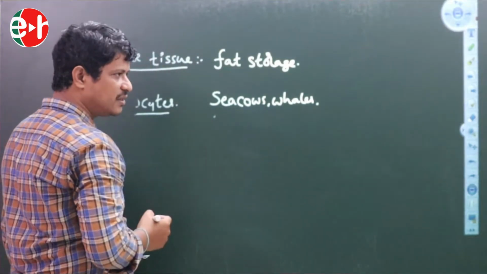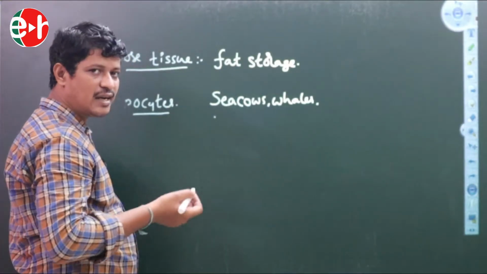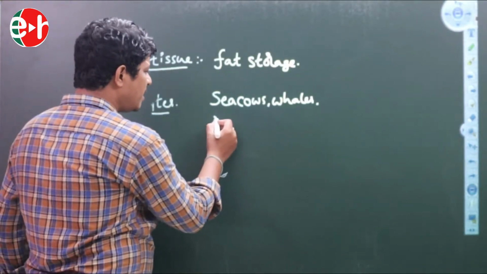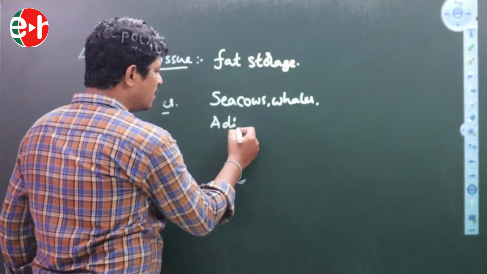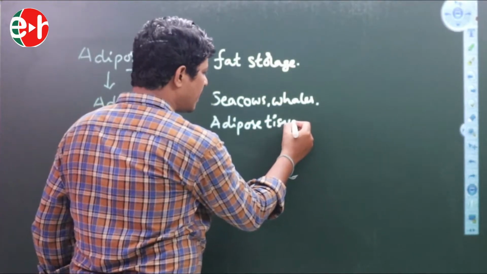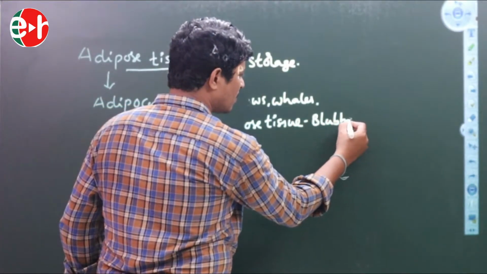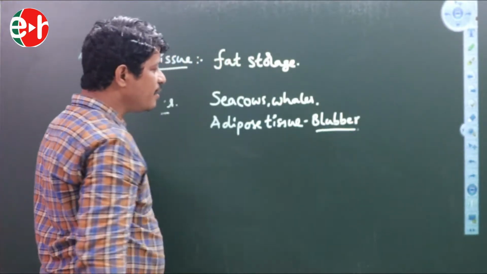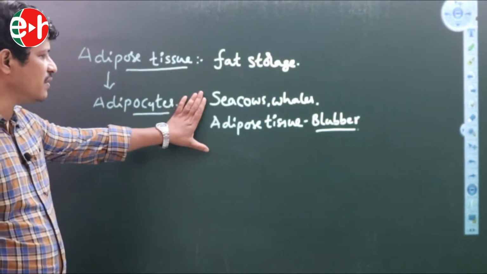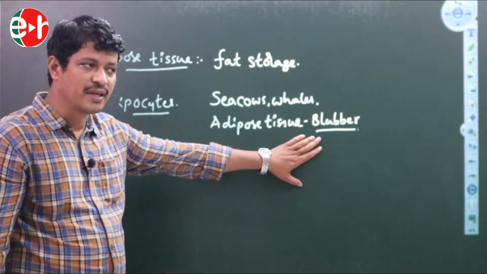In these animals, the subcutaneous layer of the skin is made up of adipose tissue, and this adipose tissue is called blubber.